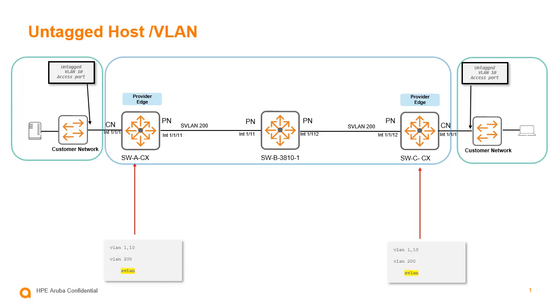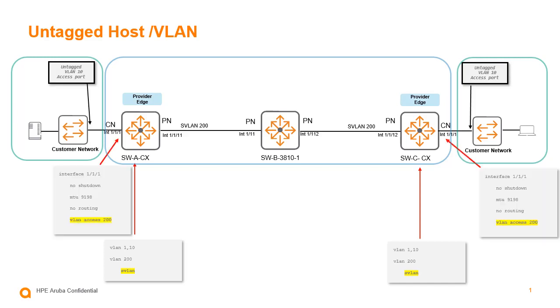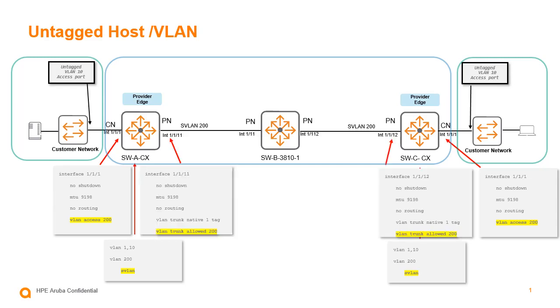So on the provider service edge switch, VLAN 200 is configured as a service VLAN. And on the customer network port, the CN port on the provider edge switch is configured for VLAN access 200. And of course, this VLAN 200 is being used as an SVLAN. And on the provider edge PN port, the desired SVLANs are allowed on the trunk or the lag port.